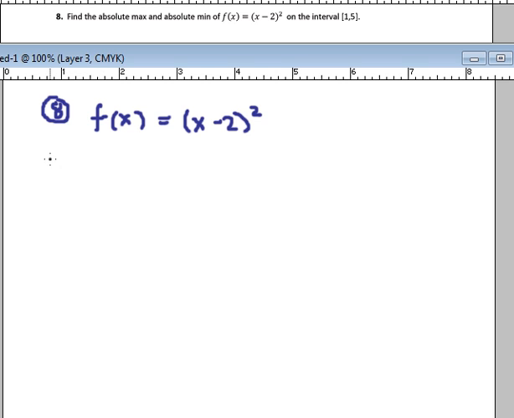Okay. So we're looking for critical values, and those occur where f prime equals 0 or does not exist.